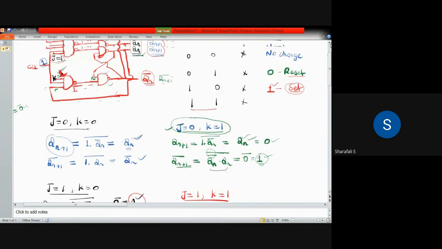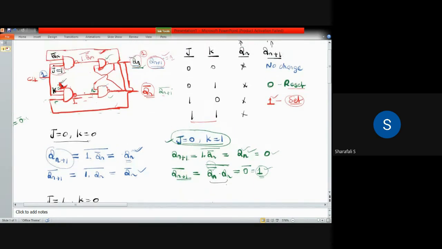And you can take that one to this particular side. This will be coming as 1, because here you are having 1 and this one is Qn bar. So you take 1 dot Qn bar.